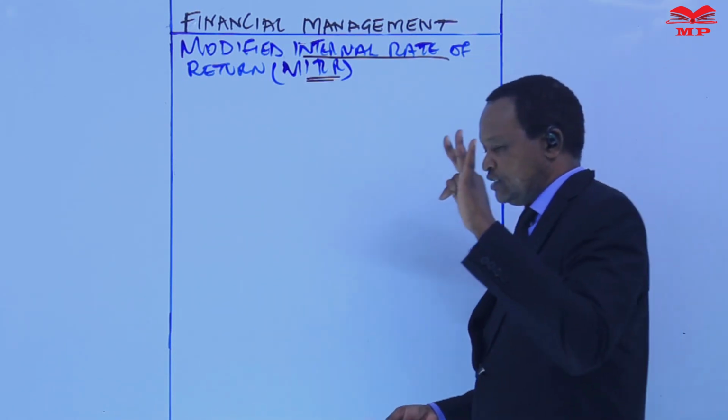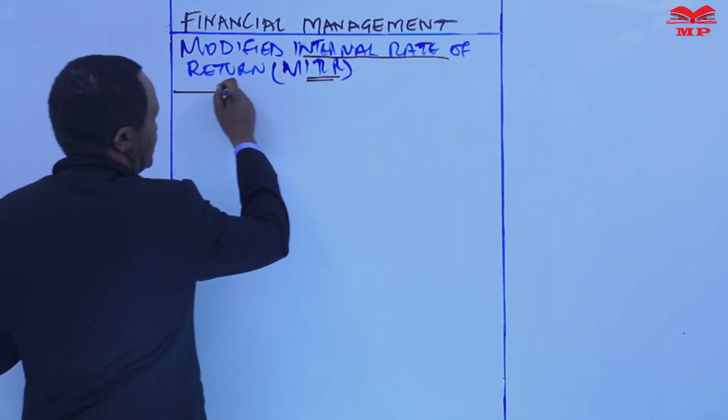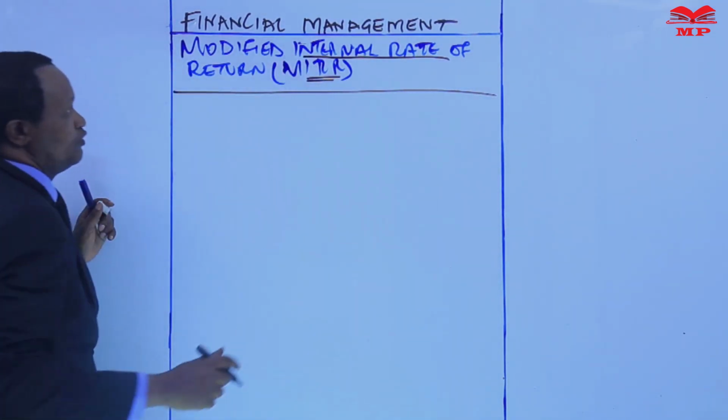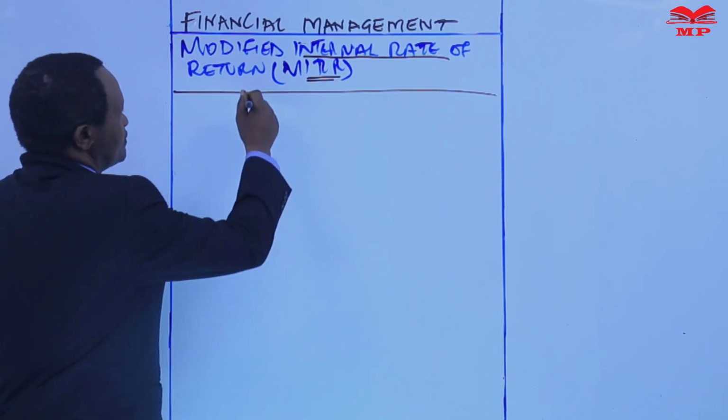And there are only 3 steps, which I'll share before we do an illustration. Steps in calculation of MIRR.